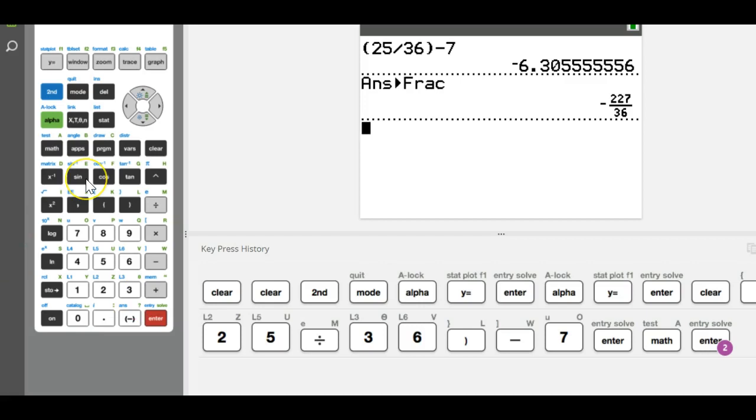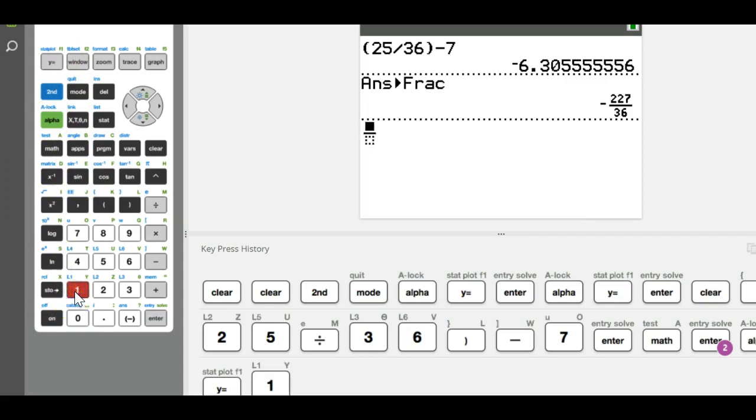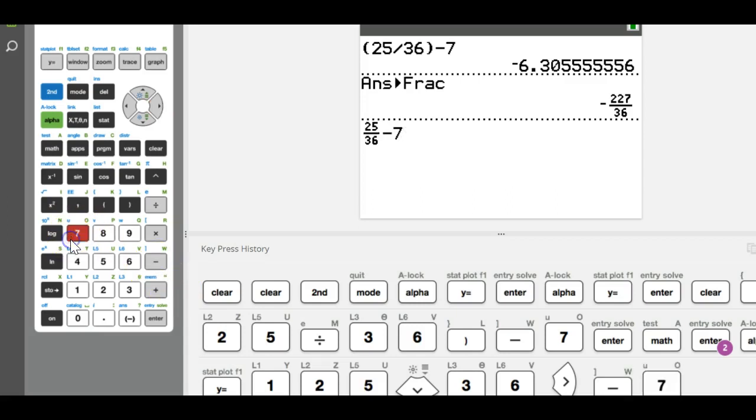Or, for those of you with the newer model of the calculator, you can do alpha, y equals, choose number 1, and that will bring up a fraction for you. And then you can just type your 25, use your down arrow key to type the denominator of 36. Make sure you use your right arrow key to come out of the fraction before you press minus 7. Press enter, and it gives you the same answer without you having to do the changing it to a fraction deal.